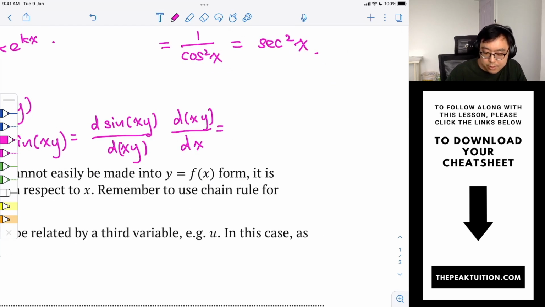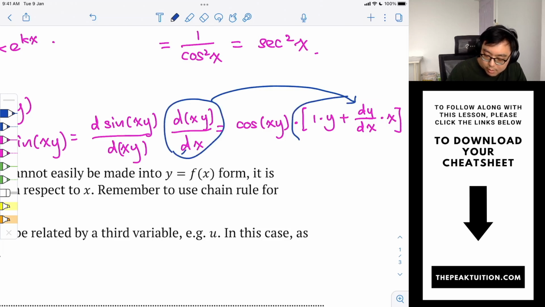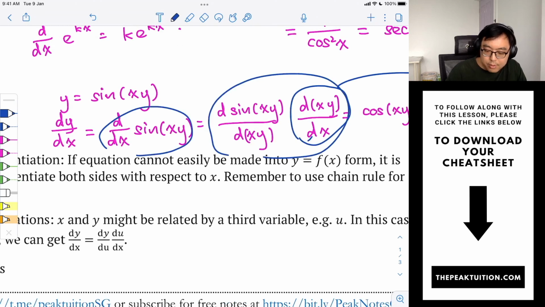This is equal to cosine xy multiplied by d(xy)/dx, which is just 1 times y, plus dy/dx multiplied by x. From this step to this step, this is product rule. This is product rule, okay? This is chain rule.